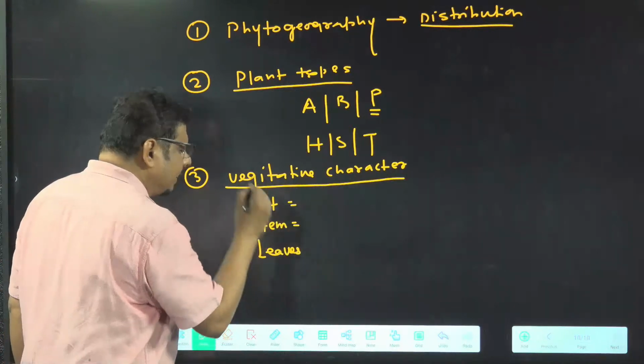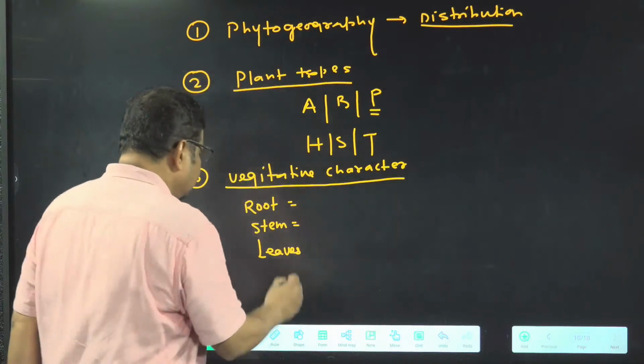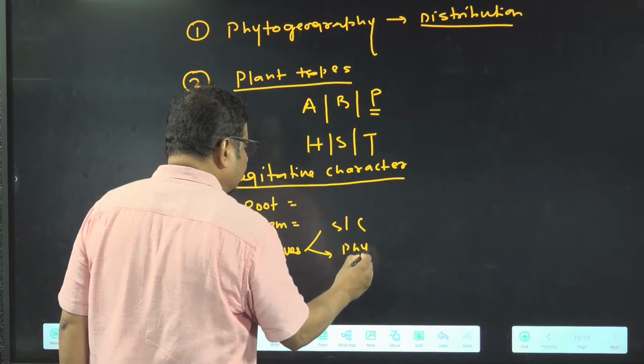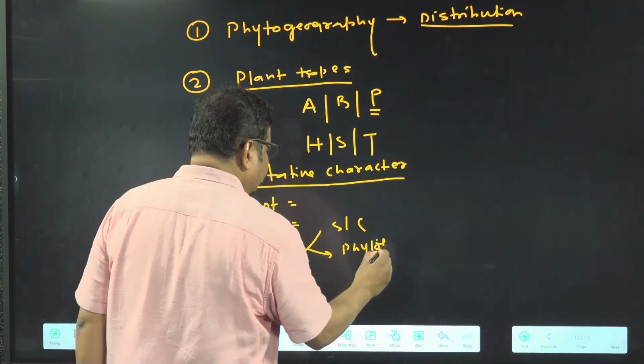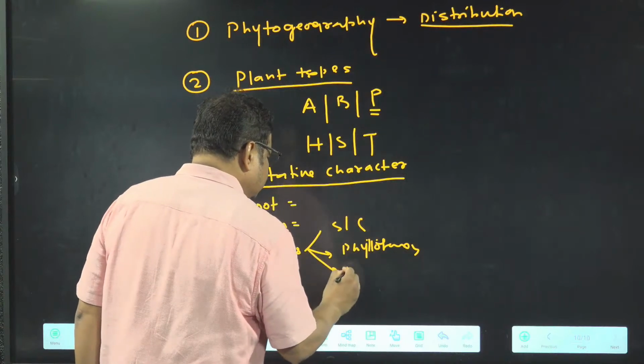In leaves, many characters you have to say: simple or compound, right? Either the leaf is simple or compound. You have to say about phyllotaxy. You have to say about venation.